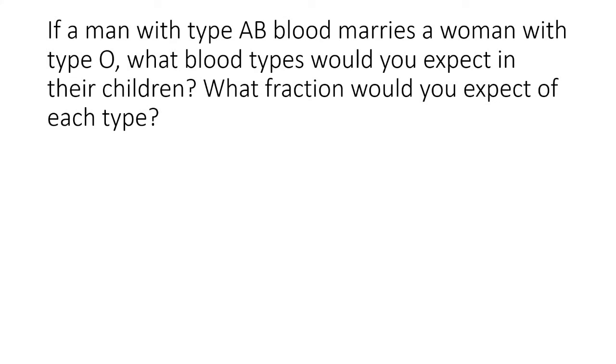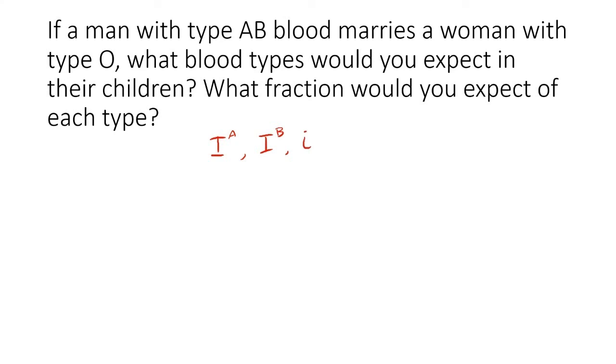If a man with type AB blood marries a woman with type O, what blood types would you expect in their children, and what fraction would you expect of each type? Okay, so type AB blood, this is a codominant situation. You have three alleles, capital I^A, capital I^B, and lowercase i.